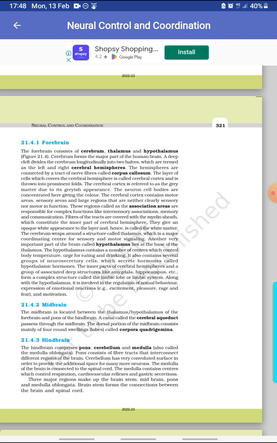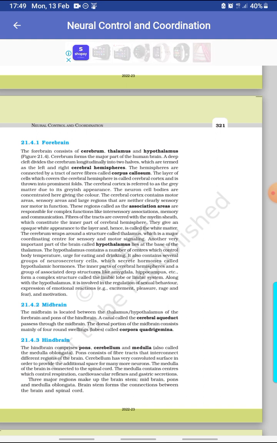The cerebral cortex contains motor areas, sensory areas, and the large regions that are neither clearly sensory nor motor in function. These regions, called association areas, are responsible for complex functions like intersensory associations, memory, and communication.